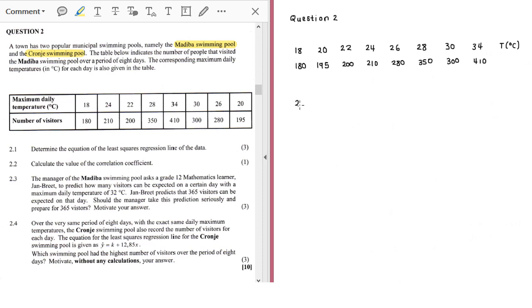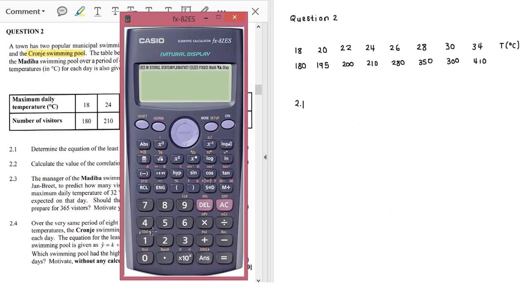Question 2.1 says determine the equation of the least square regression line for the data. So we know that for this we need our calculator. Back in our calculator, we're going to go into mode, press 2 for stat, and now we have bivariate data, two data sets, so we need to pick option number 2.